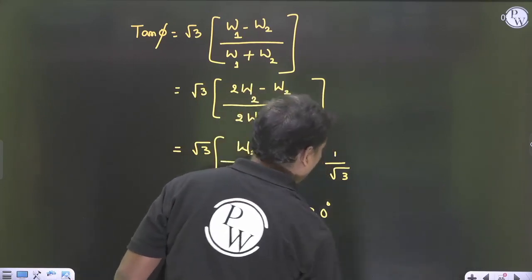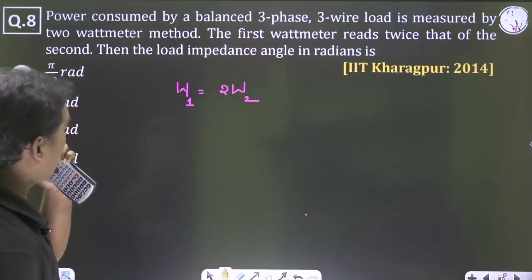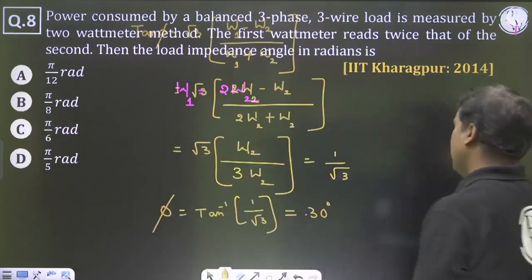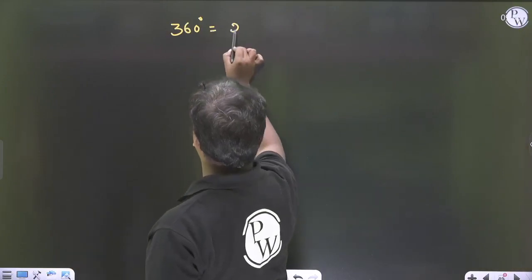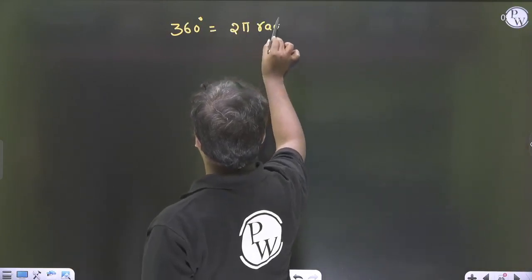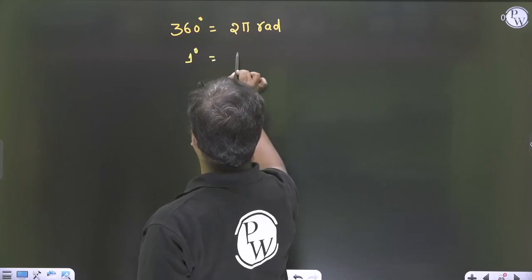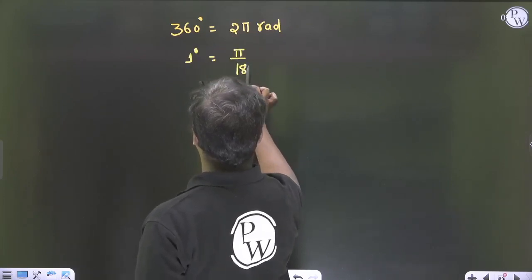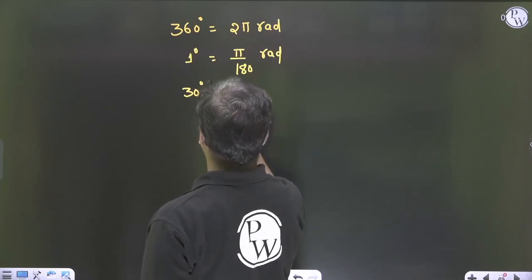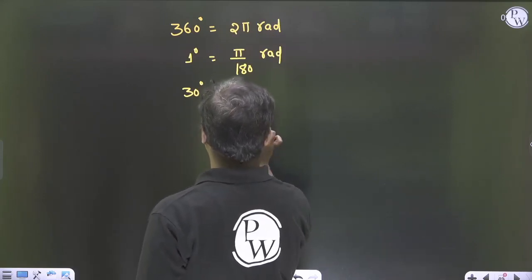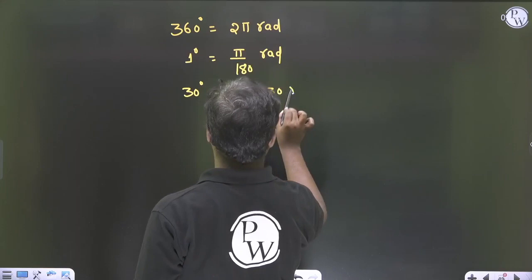The question asked is in radians. So this is degrees, how to convert degrees? 360 degrees is equal to 2 pi radians, so 1 degree is equal to pi by 180 radians. For 30 degrees, pi by 180 into 30 radians.